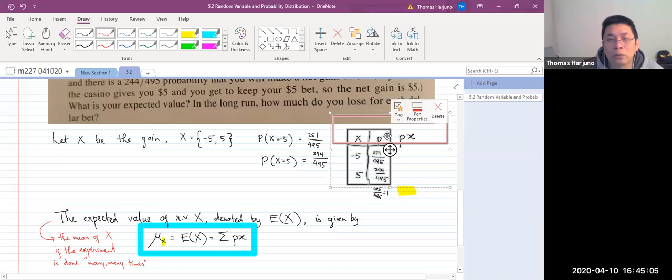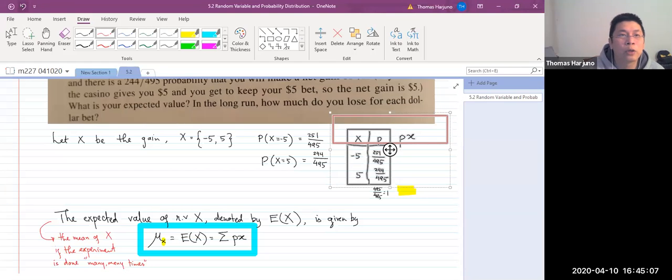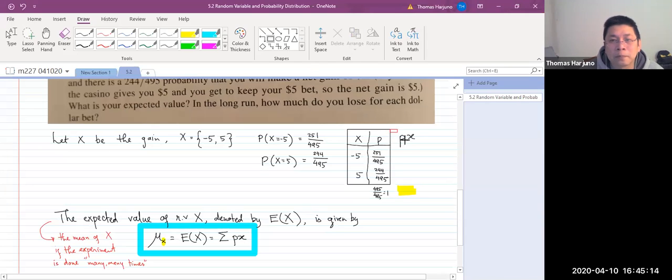So I will do what we call the first extension. I hope you remember that. And I multiply the P and the X here. In the past, we used fx. Right now, it's Px.